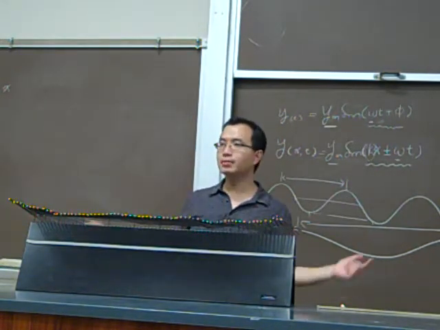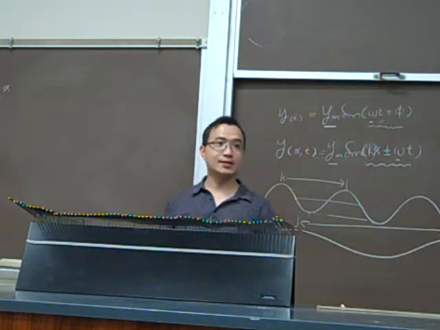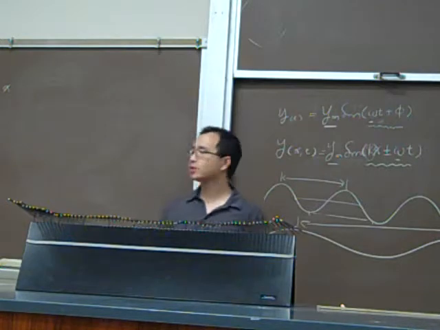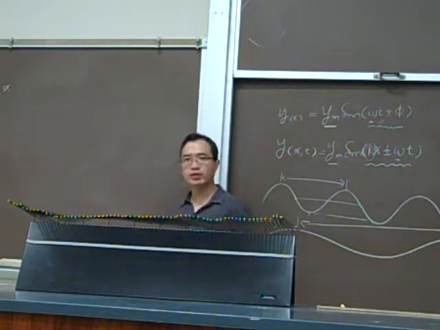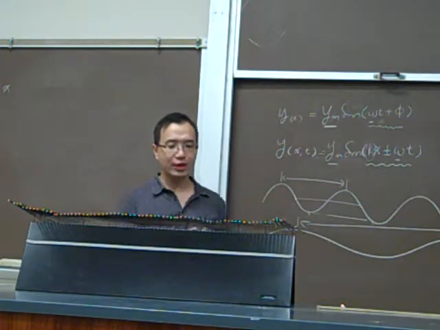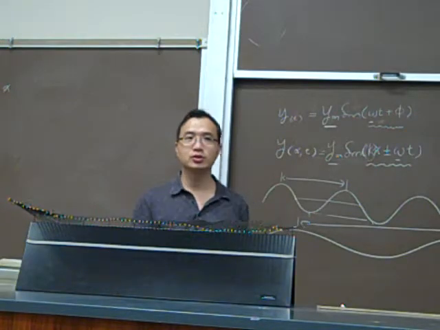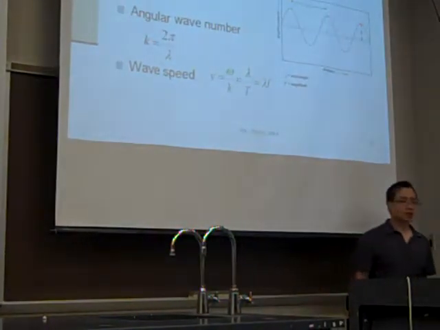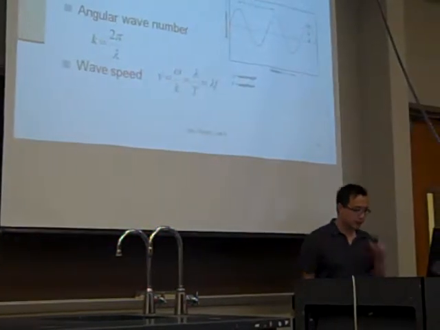All of them are oscillating at the same time. It's quite difficult to understand, but in modern physics, understanding field and wave is very important, especially for electricity and magnetism. You have to understand this kind of stuff.